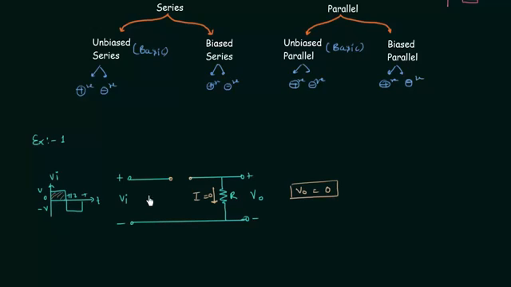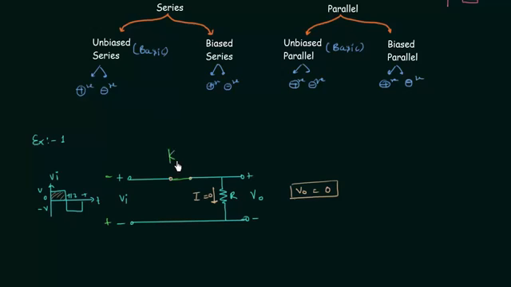Now we will analyze this circuit for the negative half cycle. From T by 2 to T, this will be the polarity, minus plus, and diode will be forward biased, so I will replace it with the short circuit. And you already know how to check whether the diode is forward biased or reverse biased. You have to match the direction of current with the direction of arrow in the diode symbol.